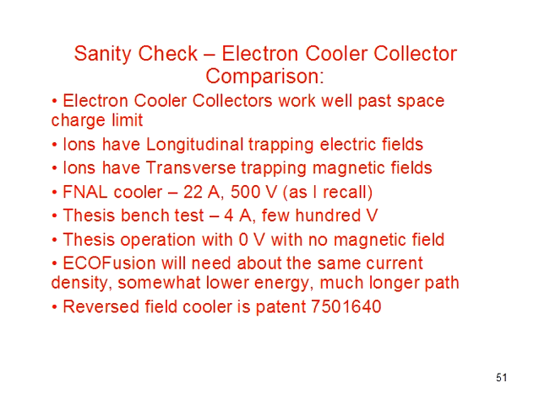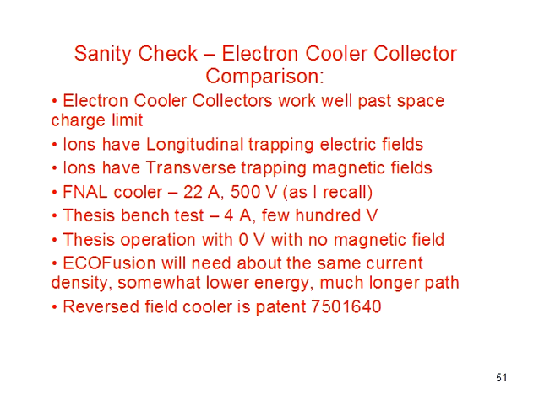Electron cooling collectors have worked well past the space charge limit in many, many instances. In those collectors, the ions are trapped longitudinally by electric fields that are set up within the collector, and the ions are trapped transversely by the containing magnetic fields. In Fermilab's electron cooler, as I recall, 22 amperes at about 500 volts was passed through their collector.